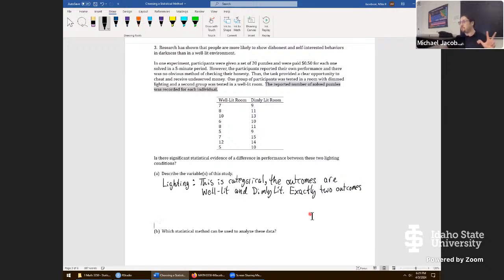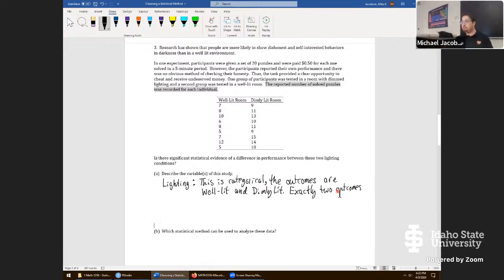If there were three outcomes, maybe an intermediately lit room, so we have well lit, somewhat well lit, and then a dim room, that'd be an interesting experiment as well, but we can't use our typical methods. With three categories, it becomes analysis of variance out of nowhere. So understanding the variables and the nature, not just categorical, but the number of outcomes is also extremely relevant for these data.